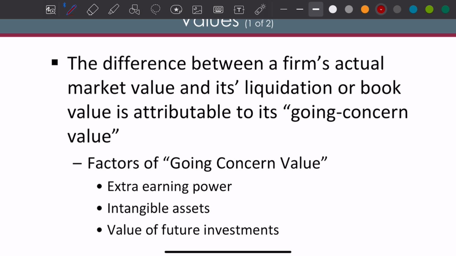Their possession of intangible assets, brand names, patents, copyrights, and things like that. And also the value of future investments. The bigger the future investment plans, typically that would increase the market value of the company and will increase the gap between the company's market value and its book value.